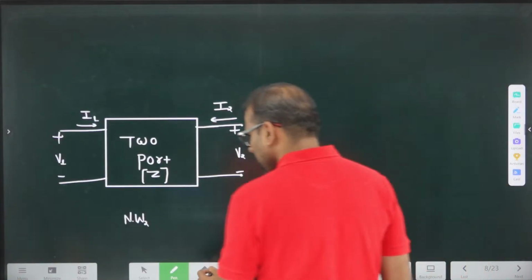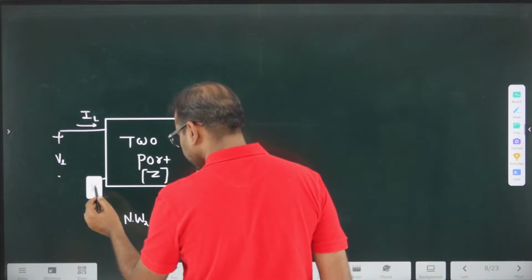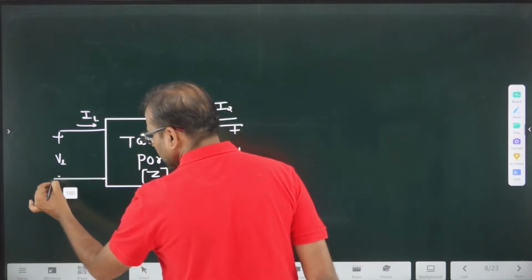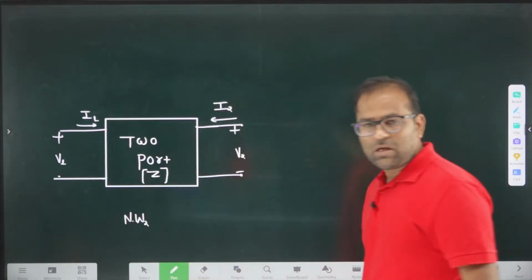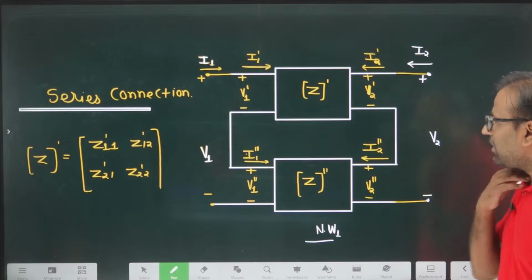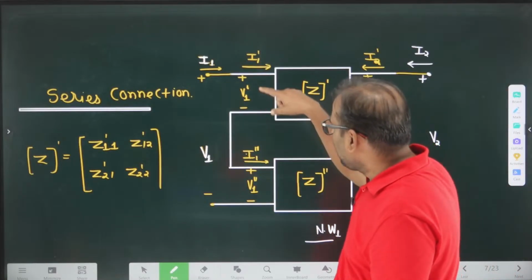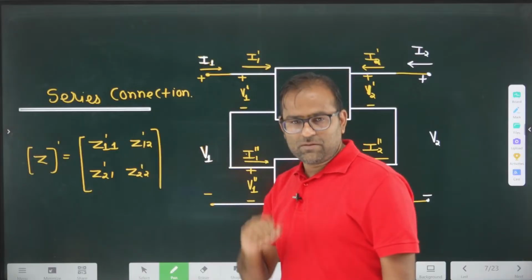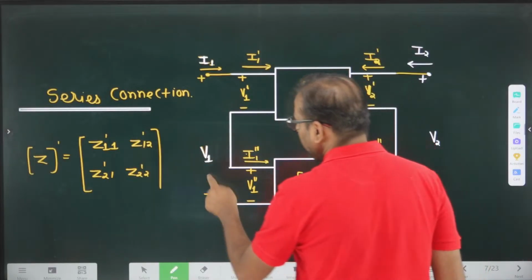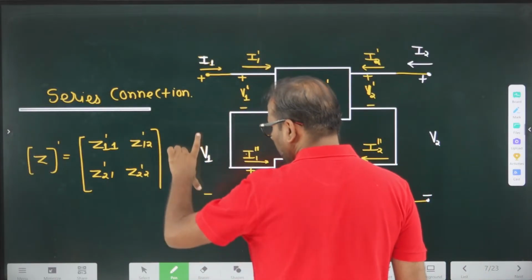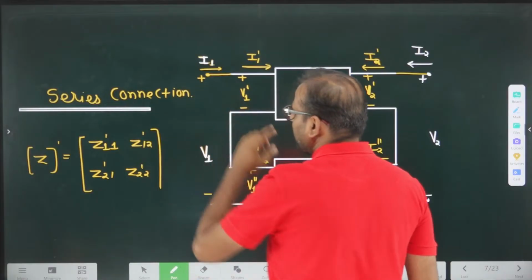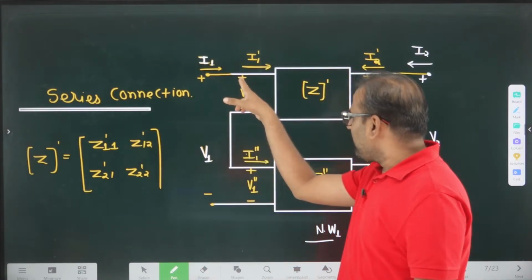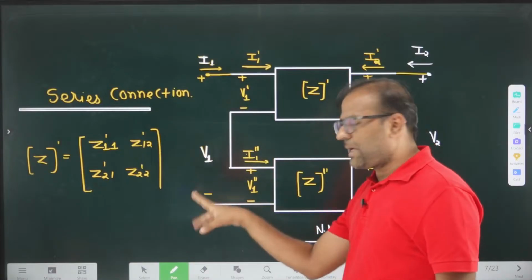And how can we write it? इसको लिखने का क्या तरीका है जरा देखिए. Okay, very basic KVL laws are applicable here. Can I say V1 prime and V2 prime is equivalent to V1? अगर आप यहां एक इनपुट में KVL लगाएं तो इस KVL में देखेंगे कि यहां नेगेटिव से आप पॉजिटिव की तरफ जा रहे हैं, तो इनपुट में KVL लगाए तो this potential is V1 minus V1 prime minus V1 double prime equal to 0.